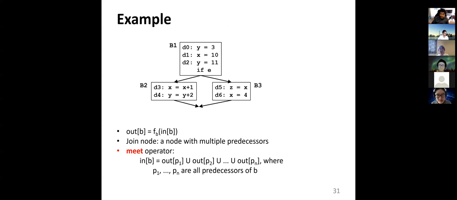Okay, let's experiment again. So let's get the same, or not the same, a similar example. I think it might be slightly different. I don't remember. But I already gave you the gen and kill sets. So we already painfully generated the gen and kill a few slides ago. So now what I want from you is to give me the out and input sets for each basic block.